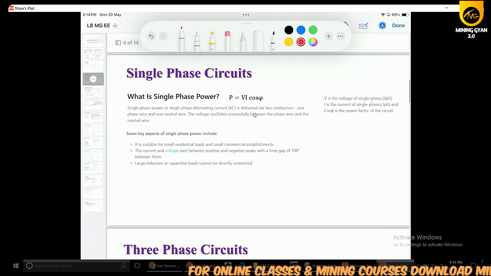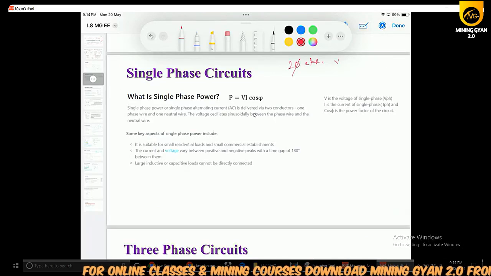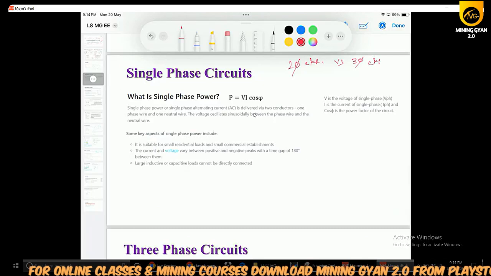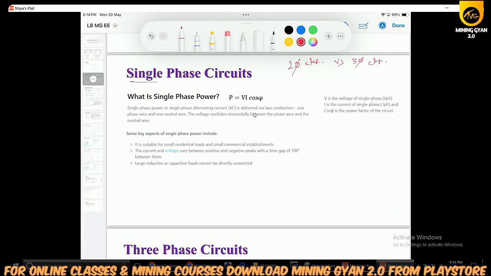Now we will see the difference between a single phase circuit and a three phase circuit. First of all, what is a single phase circuit? Till now we have seen single phase circuits. For example, this is a voltage source with R, L, C. This is a single phase circuit.